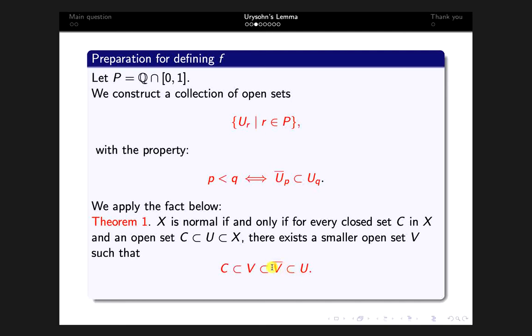This is the characterization theorem we have proved earlier.